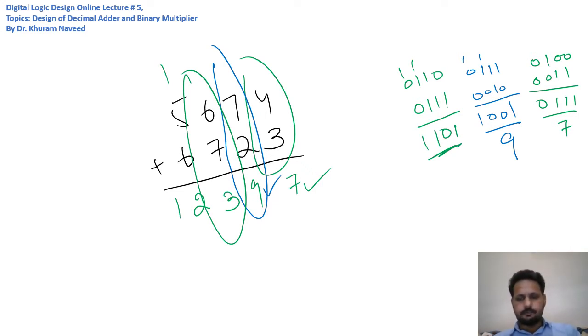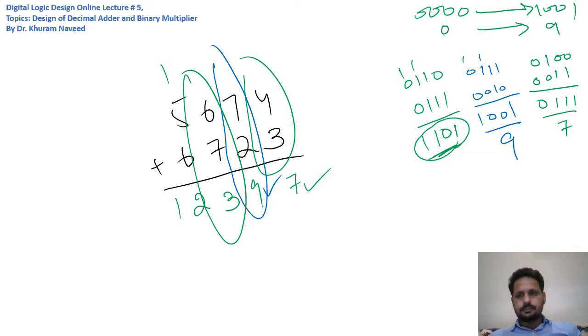In the previous slide, when I wrote down the BCD codes, they went from 0000 to 1001. This corresponded to 0, and this corresponded to 9. But this particular binary number corresponds to a number greater than 9, but it can still be represented using 4 bits, right? So this is a possible challenge that we face here.